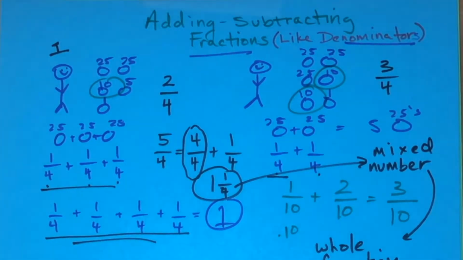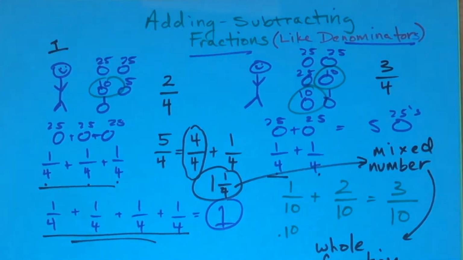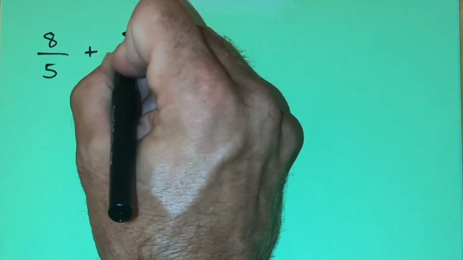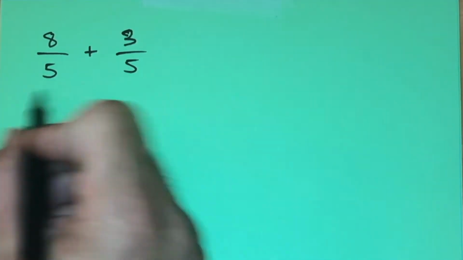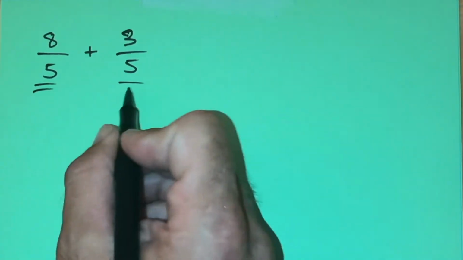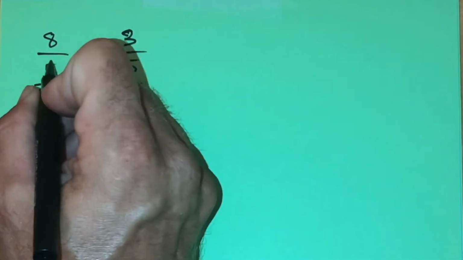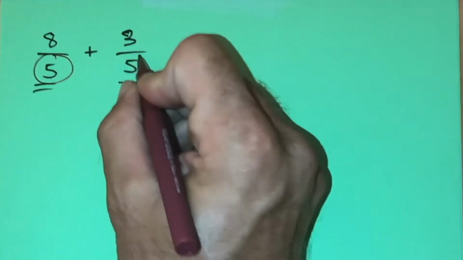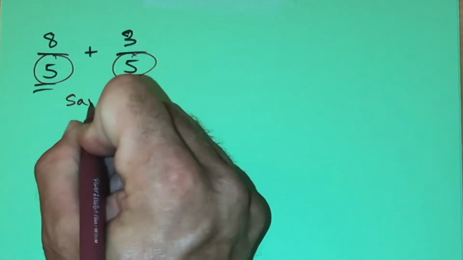Now let's take a look a little further, maybe without the visuals, at a simple adding fractions problem like 8/5 plus 3/5, let's say. The only reason I could work with this without having to change anything is because the denominators that I've been given, this bottom piece, are the same.